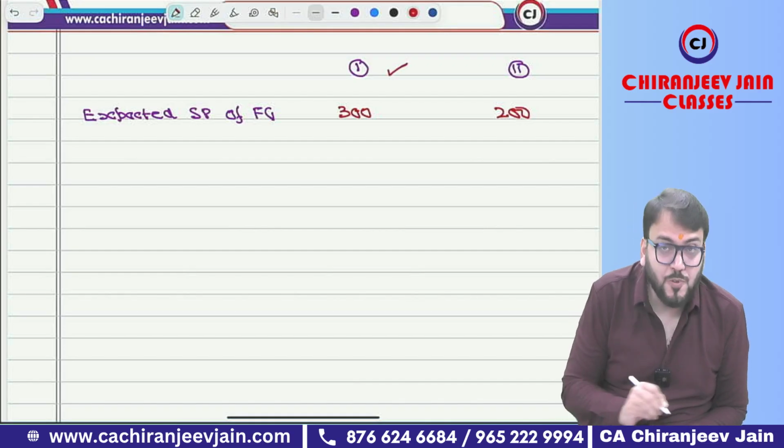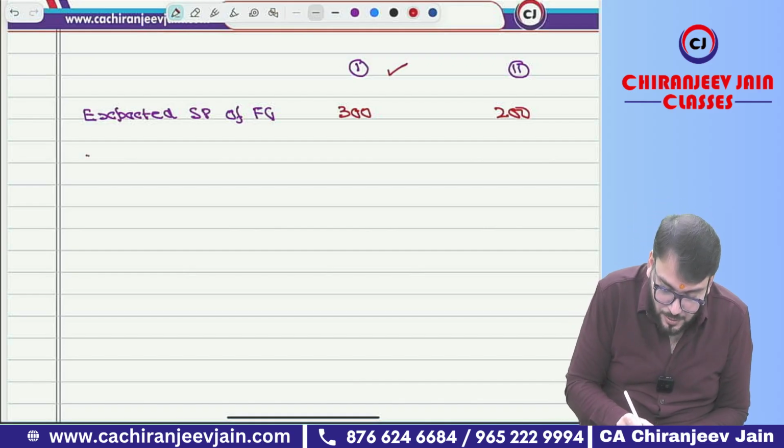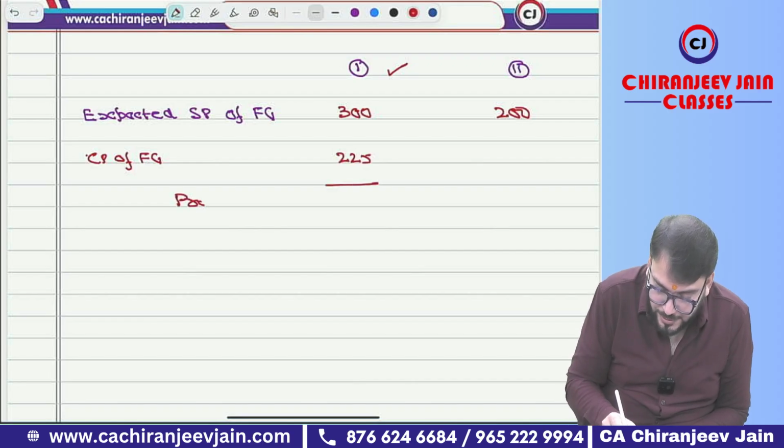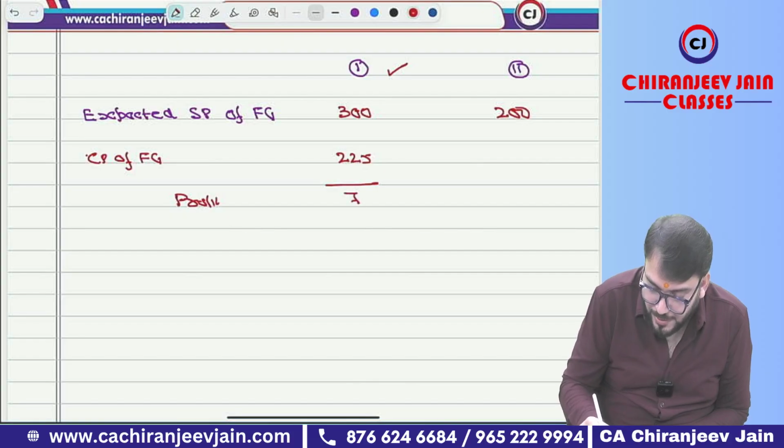So if this is the case, first one, what is the cost price of finished goods? The cost price of finished goods is 225. It means there is a profit. There is a profit of what?